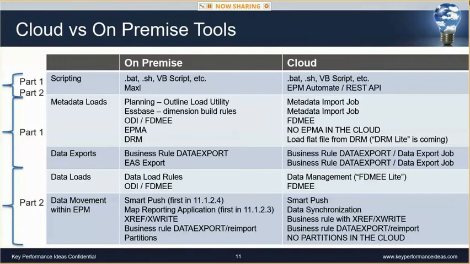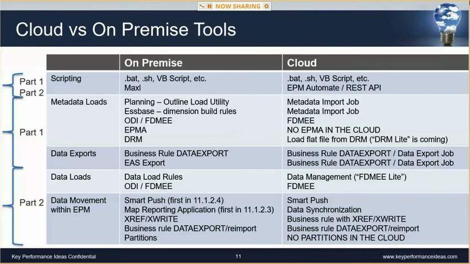With on-premise, you can also move data from one plan type to another with XREF or XWRITE functions, and you can do that with the cloud as well. These three are probably the best ways to move data within the plan type.